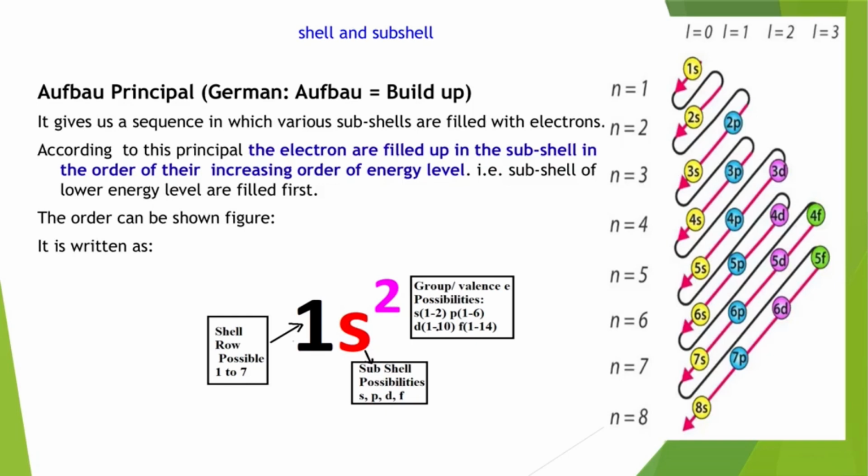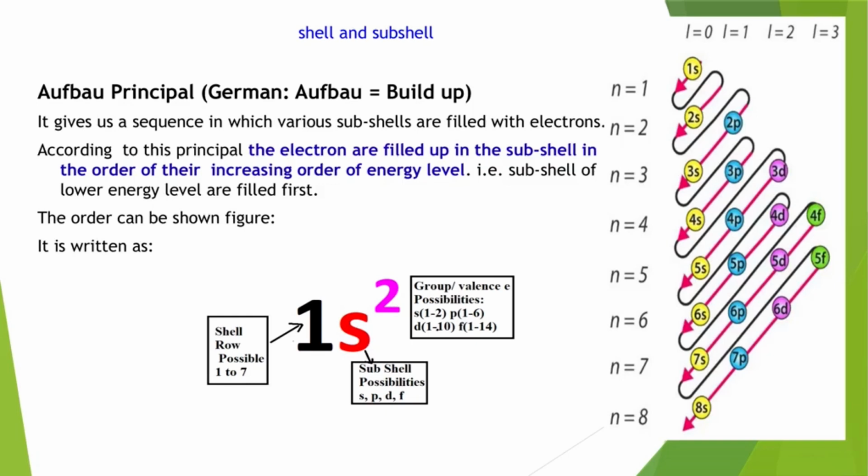So lower energy levels are filled first, and only after that is another higher energy level filled. It is written there, you can see clearly. So the order can be shown in the figure.